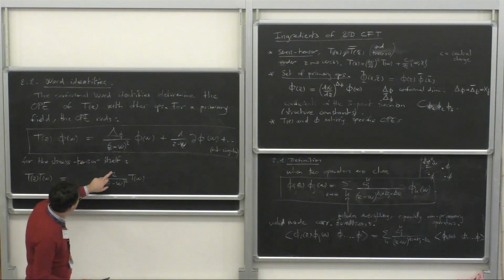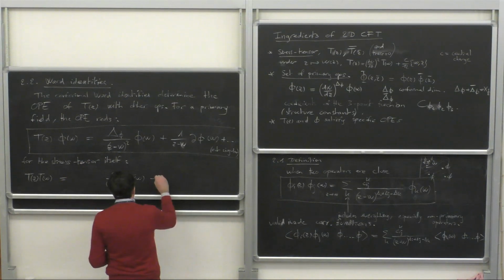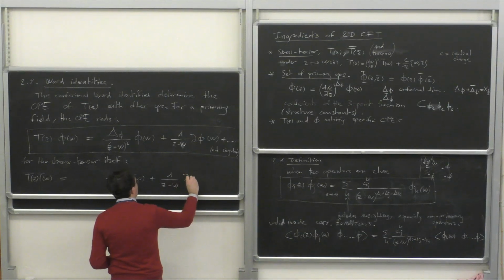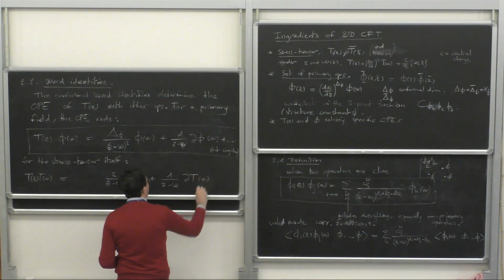That's the reason for this 2 here. Plus 1 over Z minus W times the derivative of the stress tensor.